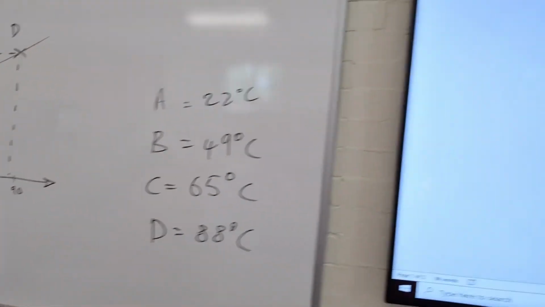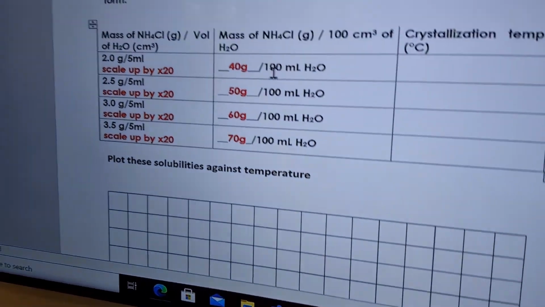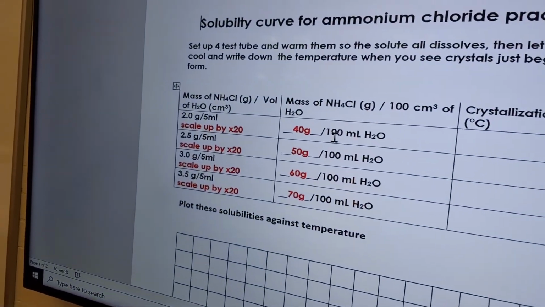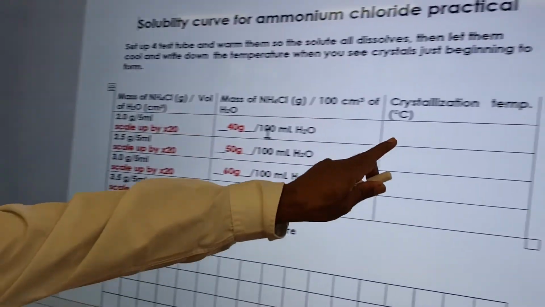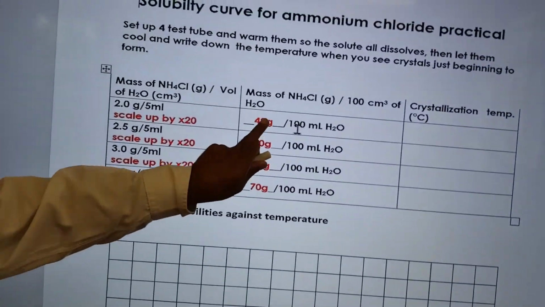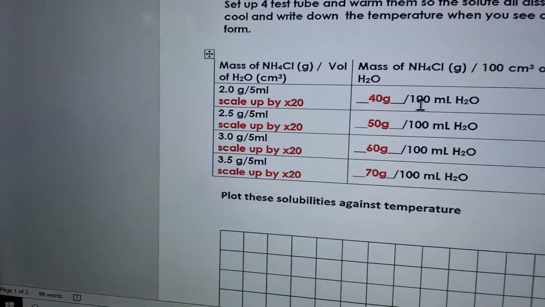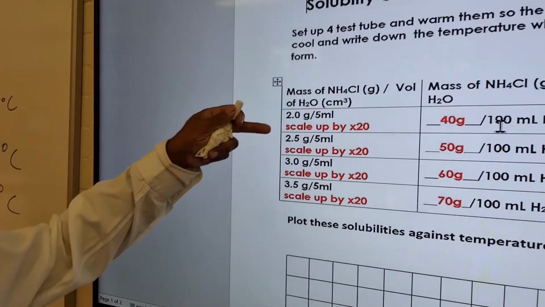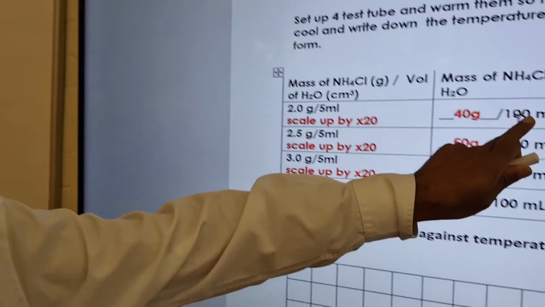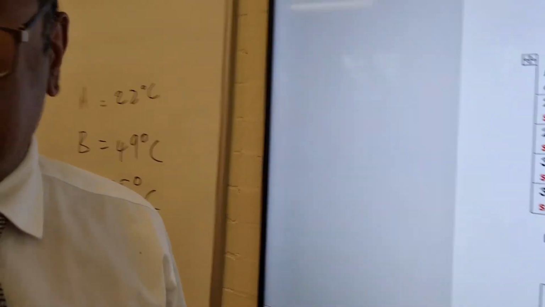Now, if you have some graph paper, you can plot those better. You put the temperatures in here, the four temperatures, you know the solubilities based on what you started with in terms of solid in 5 mils. You've scaled up by a factor of 20 in order to get these figures per 100 mils or per 100 grams of water.